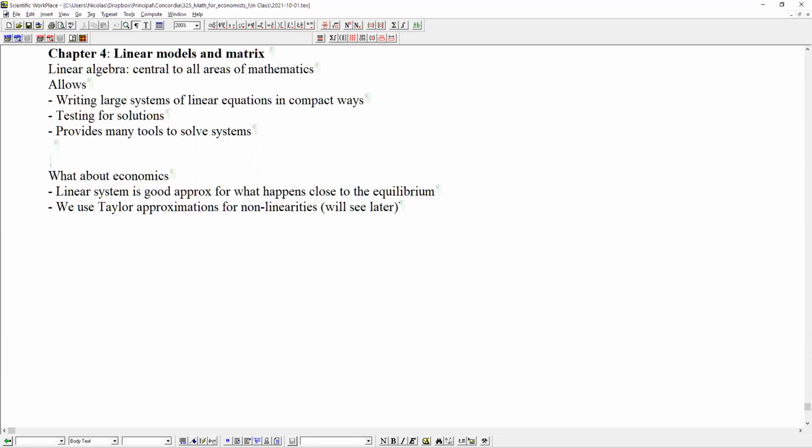And lastly, if we really believe that a model is nonlinear, we can always transform it.